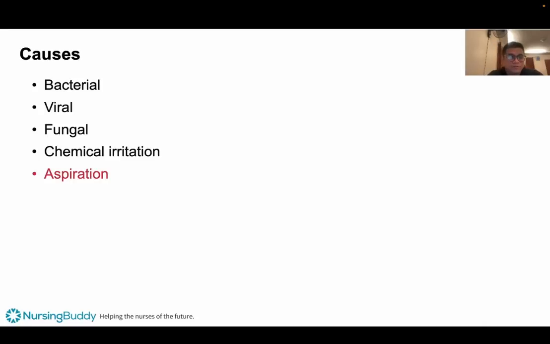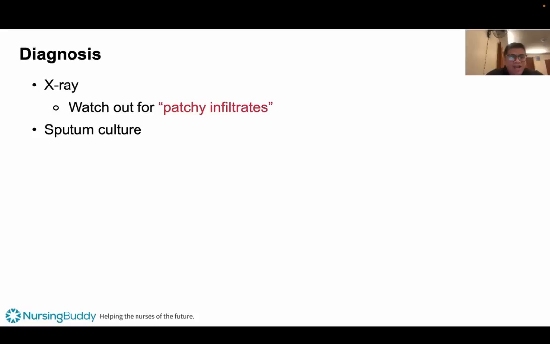How do you diagnose pneumonia? Of course, we use X-ray, and in your X-ray there are patchy infiltrates, kapatid. We need to watch out for these patchy infiltrates because they can tell us that we have pneumonia. How about sputum culture?